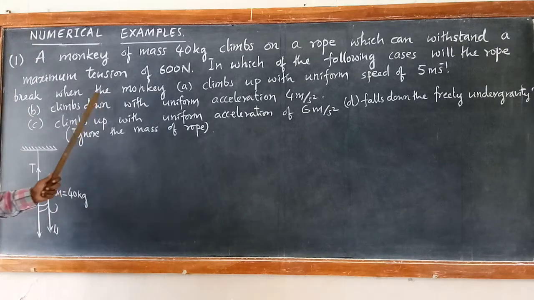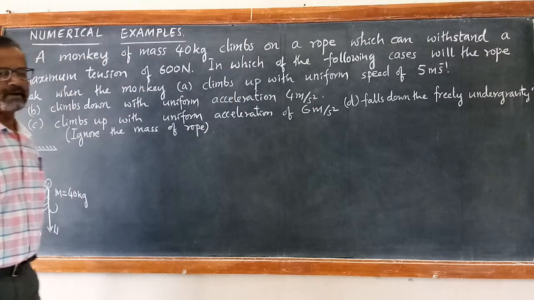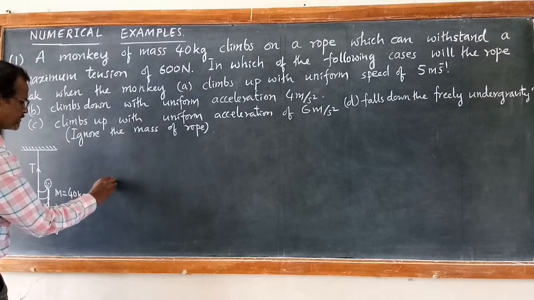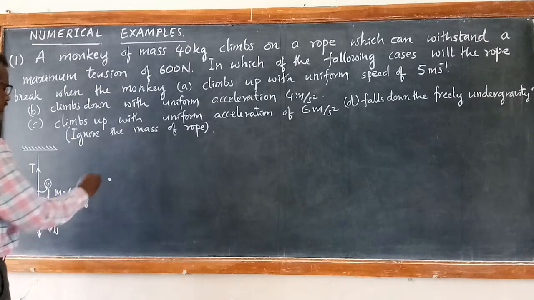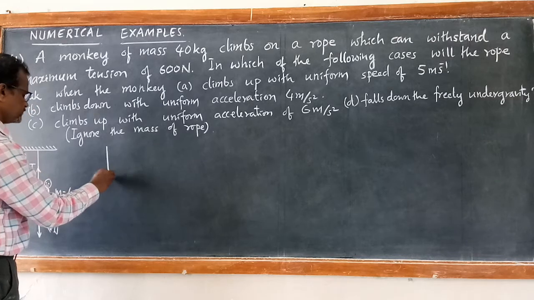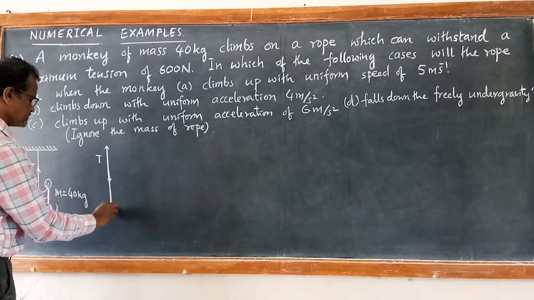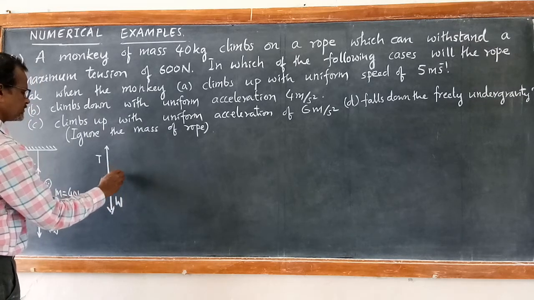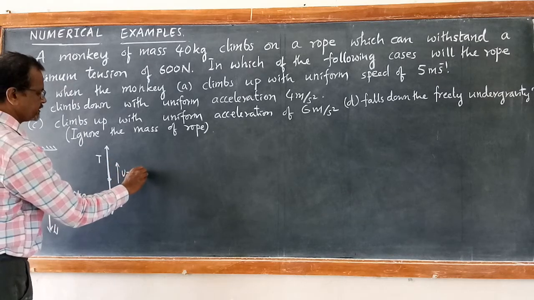So first case, when the monkey climbs up with a uniform speed of 5 meters per second. This is the schematic diagram. So I will draw now the free body diagram. Just represent this as a point body, and the tension in the rope will be vertically upward towards the support, and the weight of the body is vertically downwards, and the movement of the monkey is vertically upward with a uniform speed of 5 meters per second.